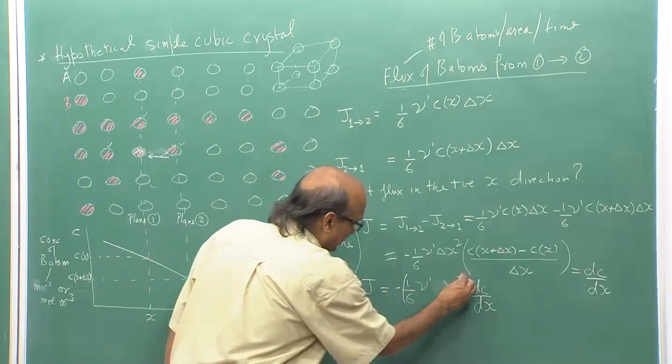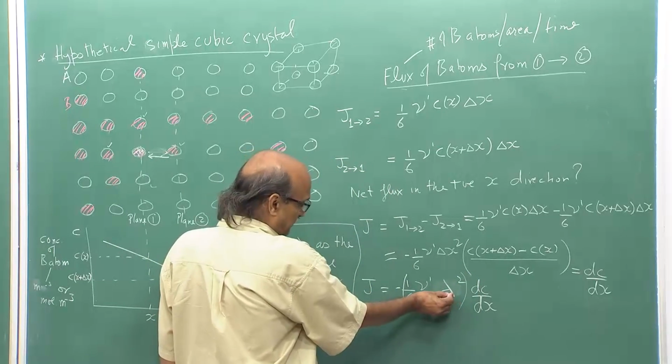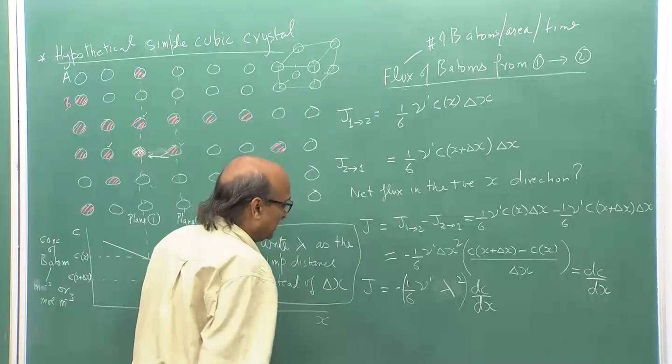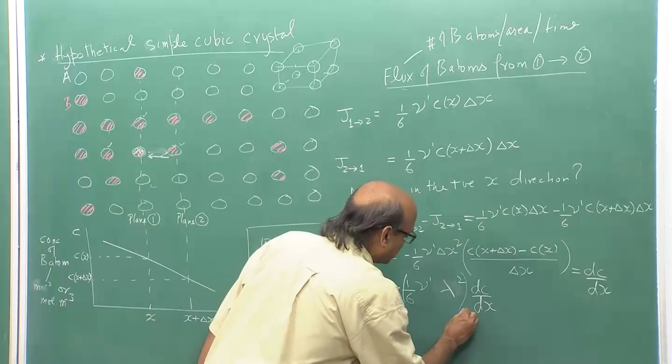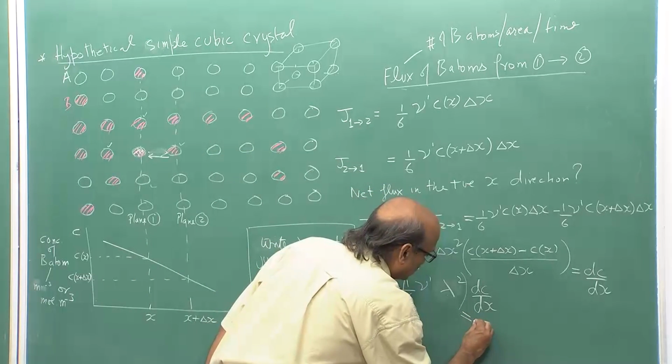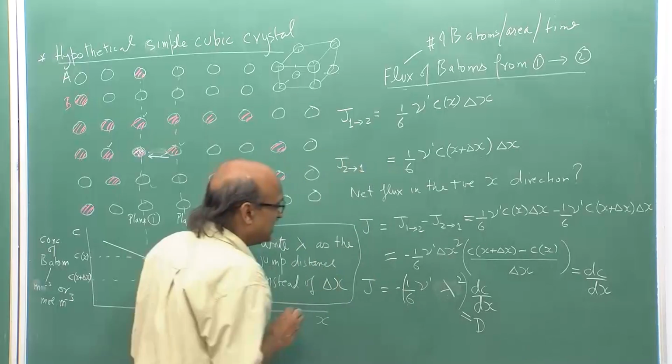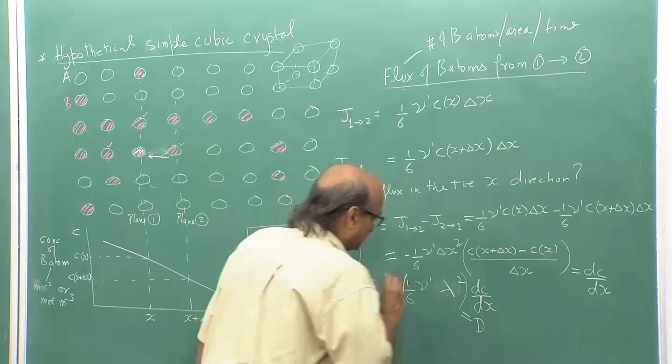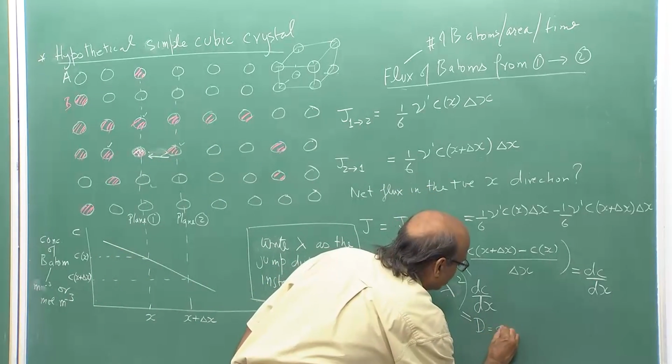This term in circular brackets has a jump distance squared multiplied by the jump frequency, and this we would call some kind of a parameter D, which is what is known as the diffusion coefficient.